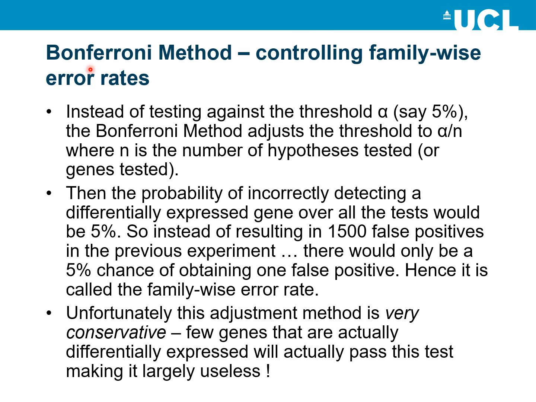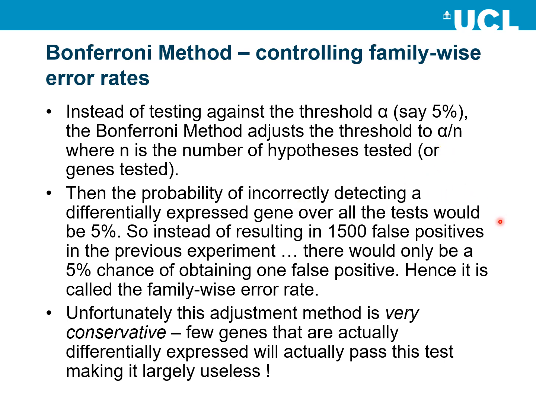One of the classic ways of avoiding it is the Bonferroni method, controlling the family-wise error rate. So instead of having a threshold alpha, say 5%, the Bonferroni method adjusts the threshold so it is alpha over n, where n is the number of hypotheses being tested. In this case it would be 5% over 30,000.